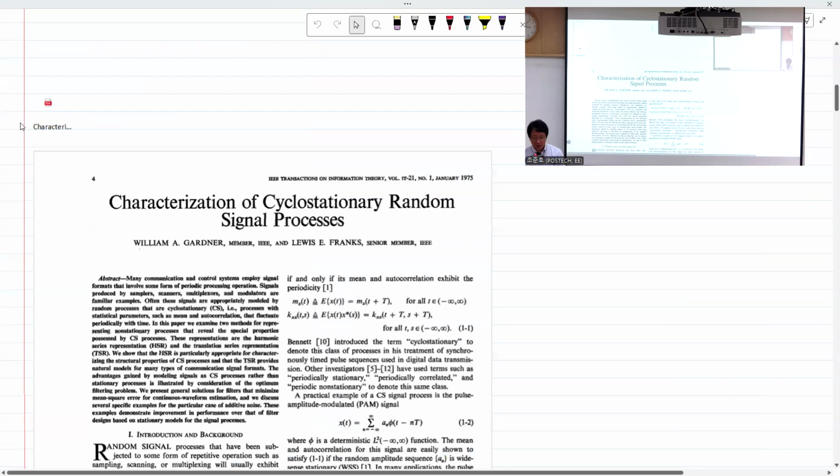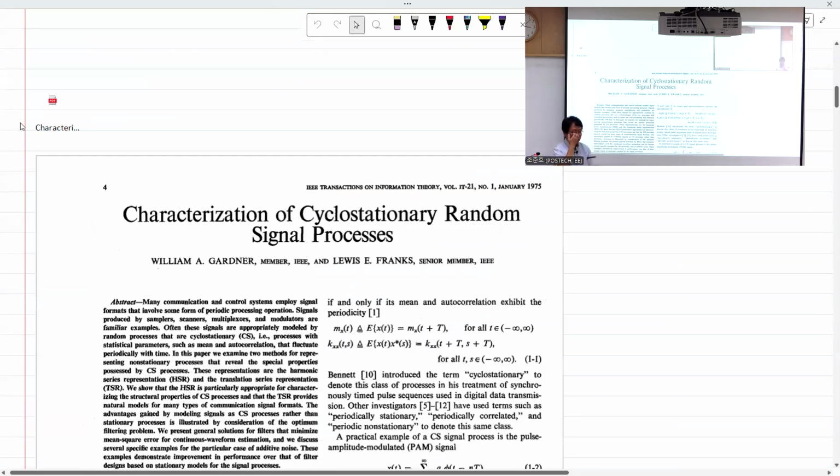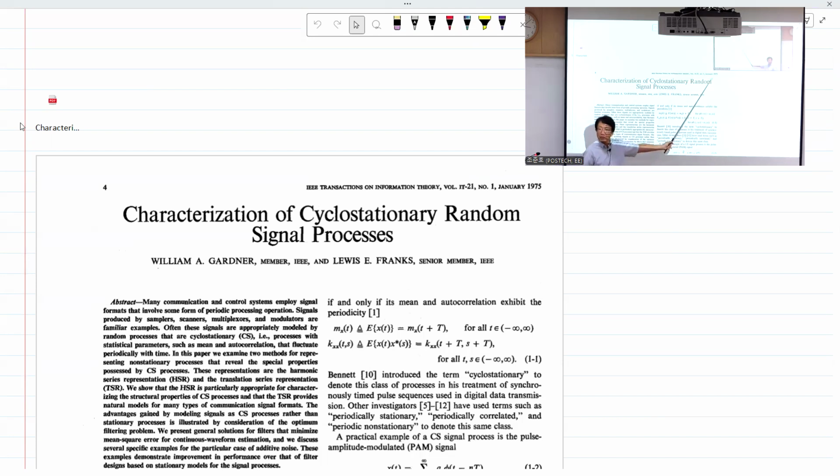Long time after he graduated and became a professor at University of Santa Barbara or something. By the way, Dr. Franks was his advisor. This is advisor, professor.